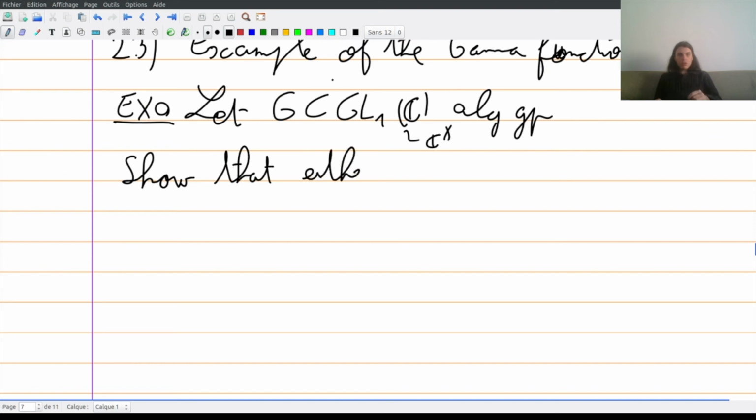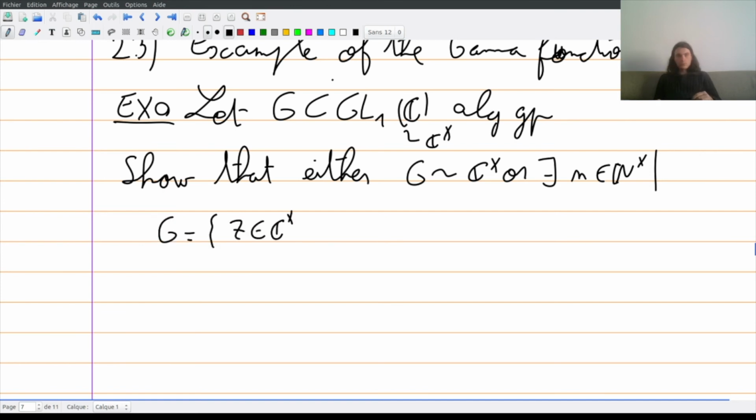And we have to show that either G is C star, or there exists n such that G is just the complex numbers that are n-th roots of unity.